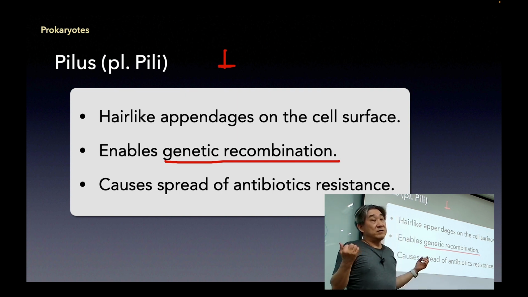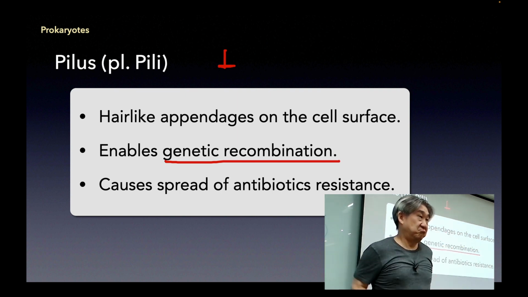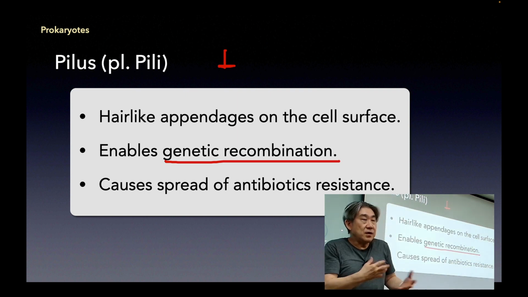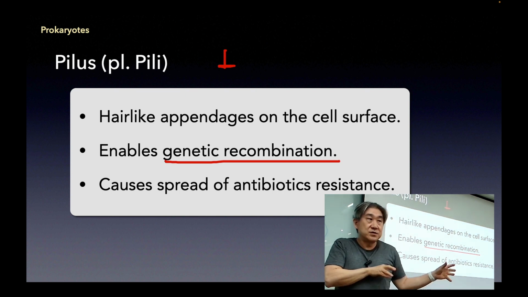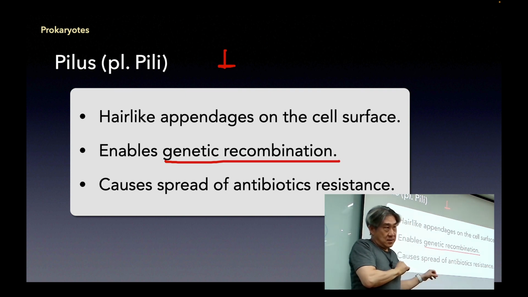So asexual reproduction is very efficient, so the chance of success as an individual, if you reproduce through asexual reproduction, is very high. Okay? That's why all these prokaryotes love to reproduce through asexual reproduction.